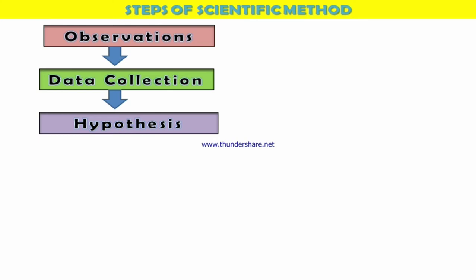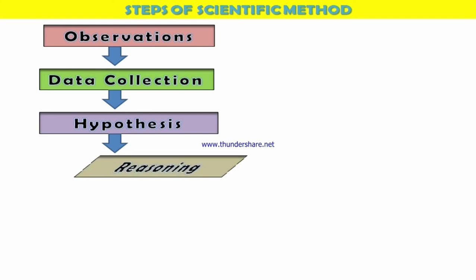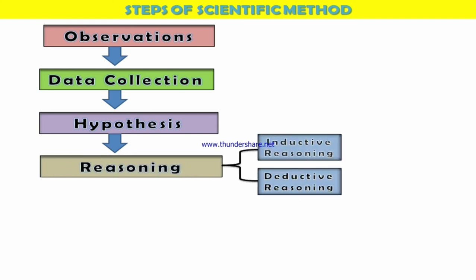Once you form a hypothesis, this hypothesis is used to guide observation and experimentation, which involves inductive reasoning and deductive reasoning. Inductive reasoning is from a specific idea to a general idea, and deductive reasoning is from a general idea to a specific idea. So specific to general and general to specific.